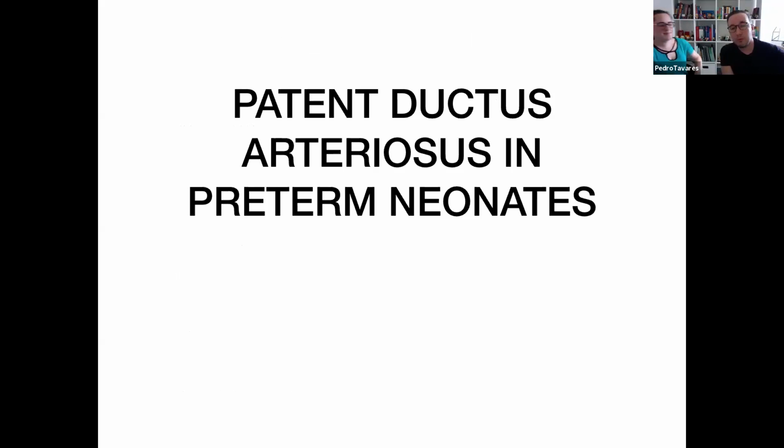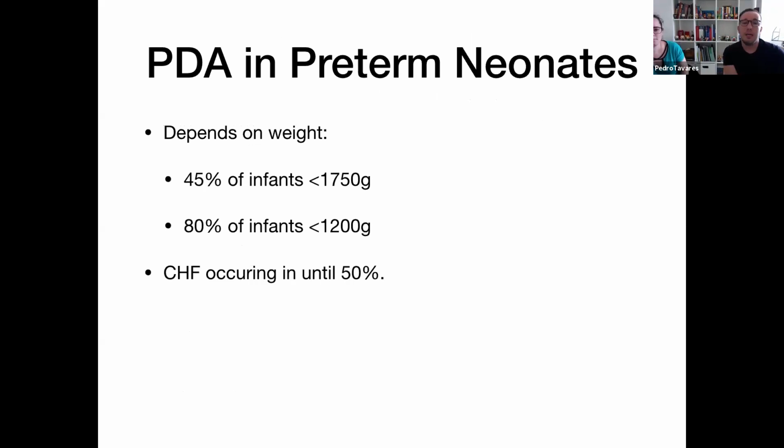And we will talk about patent ductus arteriosus in preterm neonates. The prevalence of PDA in neonates depends on weight.